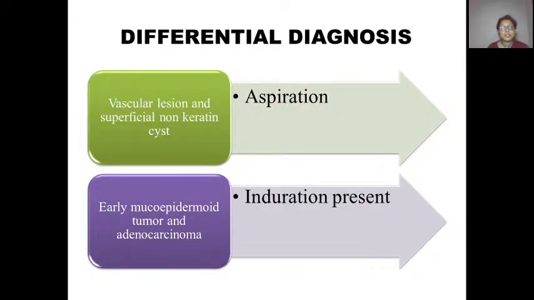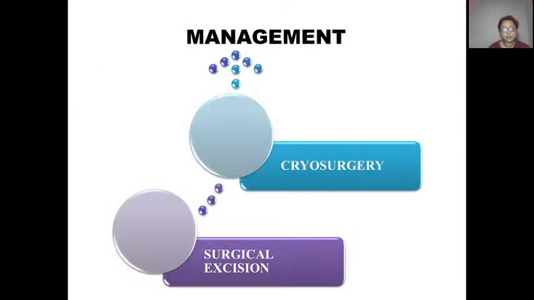The differential diagnosis, again, we can see some more: a vascular lesion and superficial non-keratinizing cyst, and we can differentiate them by aspiration, because here we get a thin liquid aspirate. In early mucoepidermoid tumor and adenocarcinoma, usually there is an induration present, but here there is no induration present.